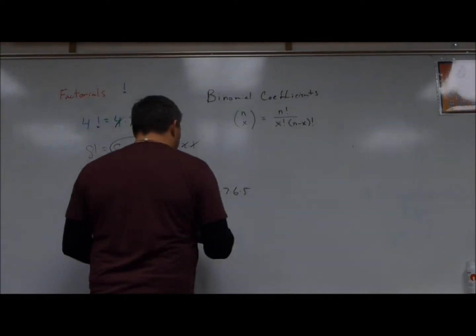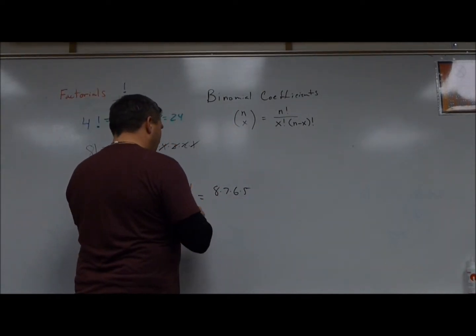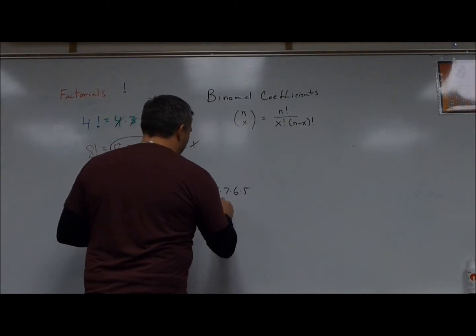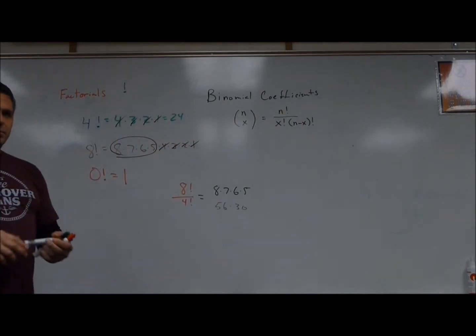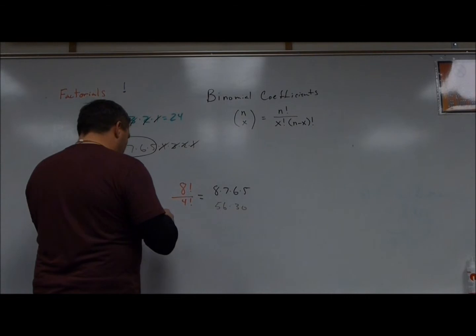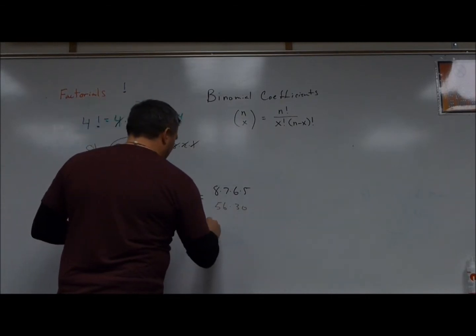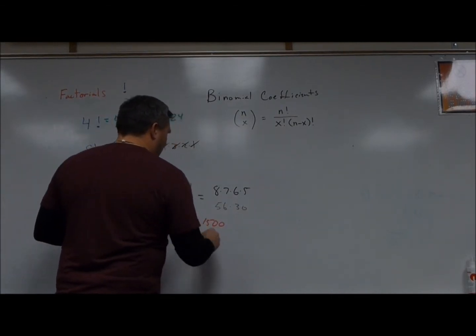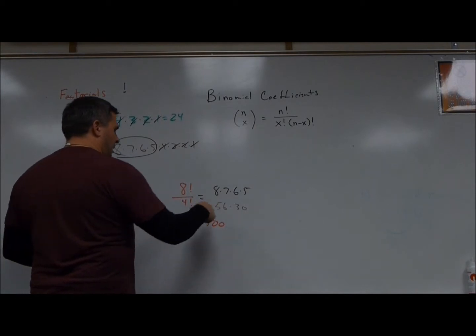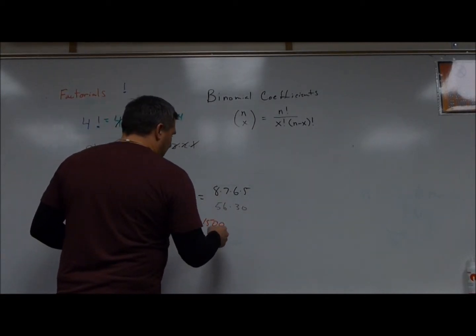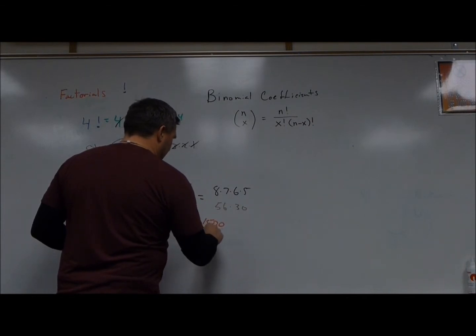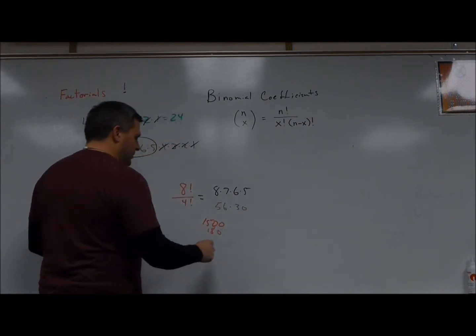Or, in other words, 56 times 30. That's 1500 plus 150, plus 30 times 6, which is 180.